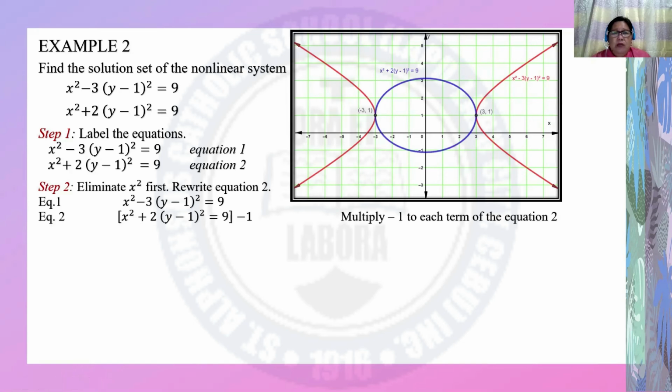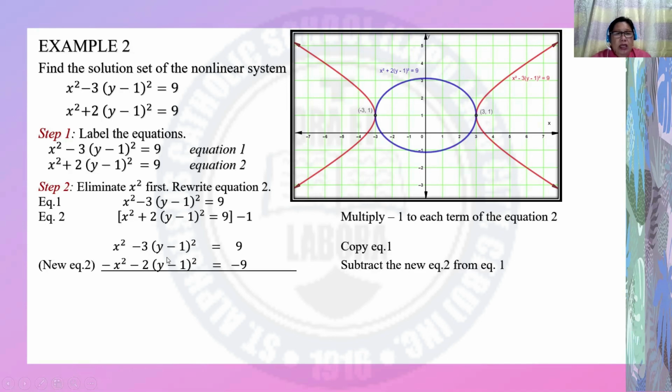And by that time, we can already eliminate x squared. So, copy the first equation. And equation 2 now becomes negative x squared. Then, this will become negative 2 times the quantity y minus 1 squared equals 9 times negative 1 is negative 9. So we have now a new equation 2.